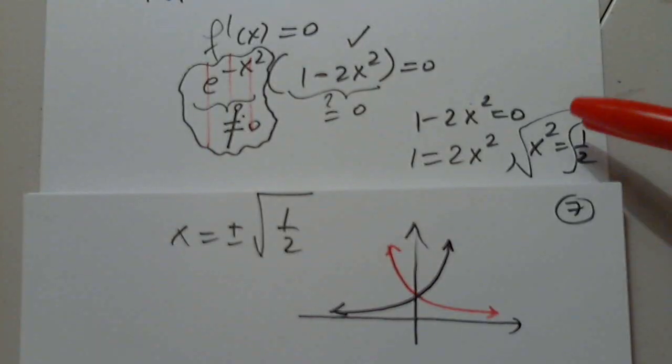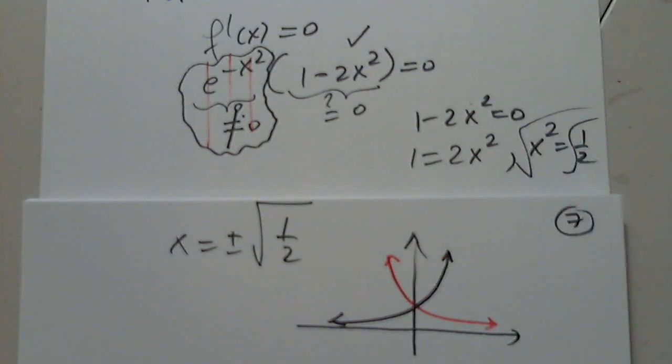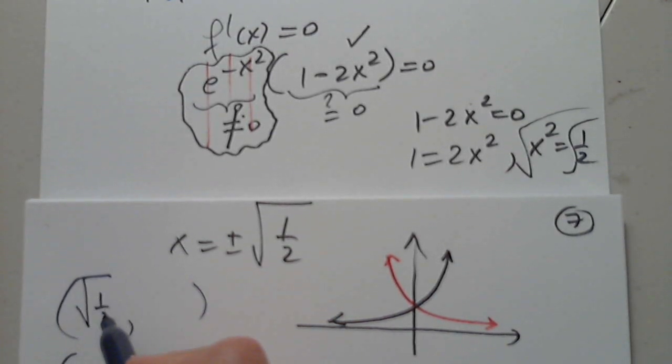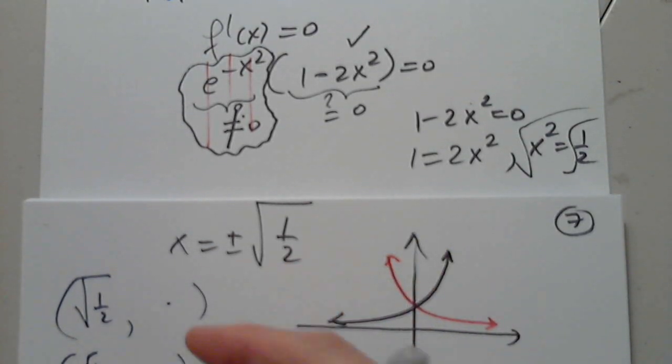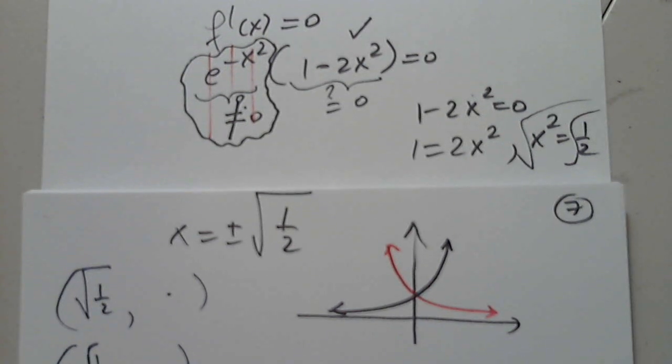Okay, so we found 2 x values where the tangent is horizontal. But the problem is asking us to find points. Okay, fine. So this is the square root of 1/2. This is negative the square root of 1/2. And now I have to find the y value. How do I find the y value? I'm going to write the function here so I can move that page away.